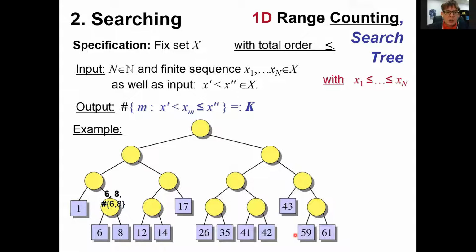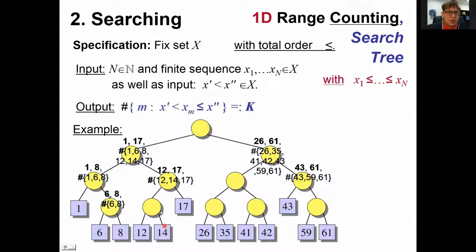In the internal nodes, we store the smallest element in its subtree, here in this example it is 6, the largest element in its subtree, here in this trivial example it's 8, and the number of elements in the subtree, here it is 2. We do that for every internal node. You see that here, for example, the smallest element in that subtree is 1, the largest element is 17, and the number of elements in that subtree is the number of elements here.